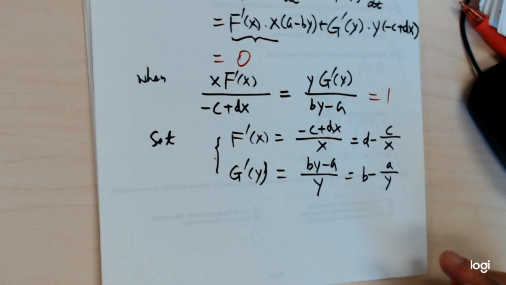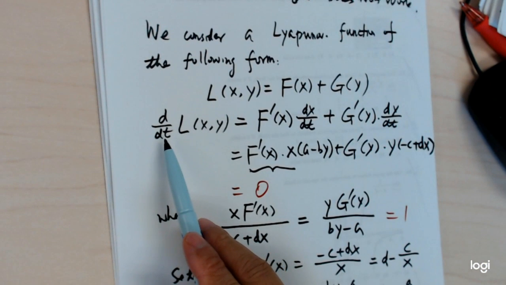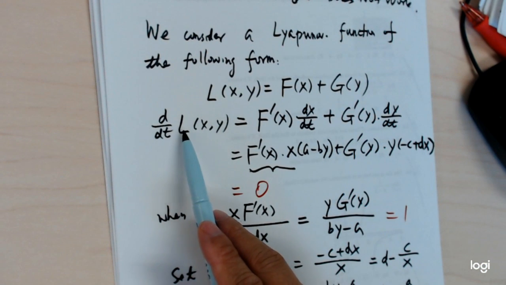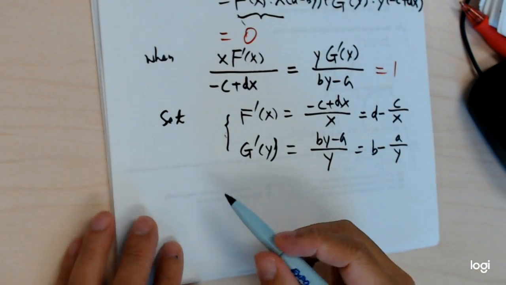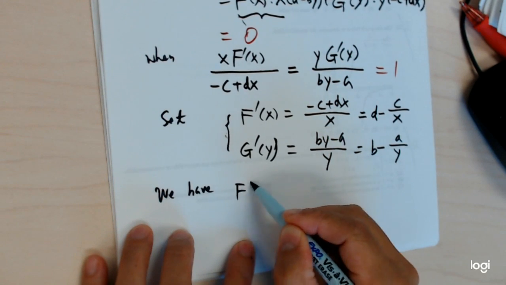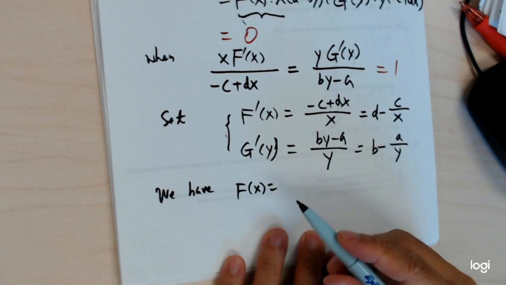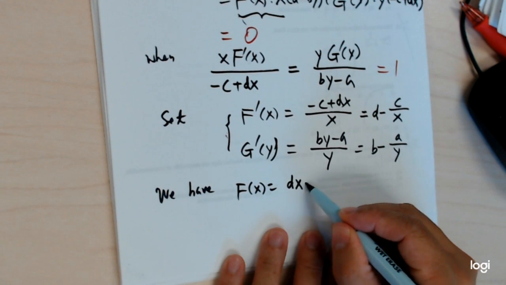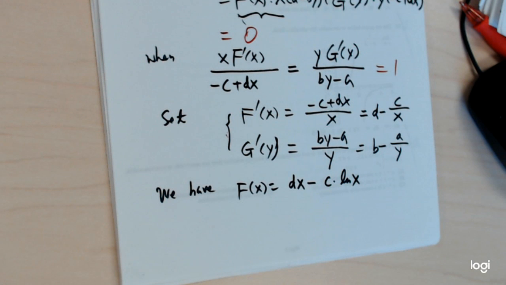So here's the choice of capital F and G so that the time derivative along this solution curve will be 0. Okay, will be 0. So we have the following choice. So basically integrate on both sides, get capital F, natural log of x.